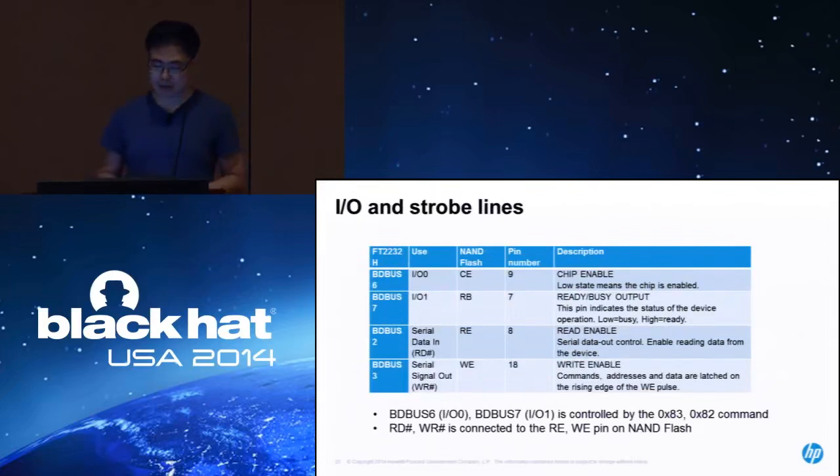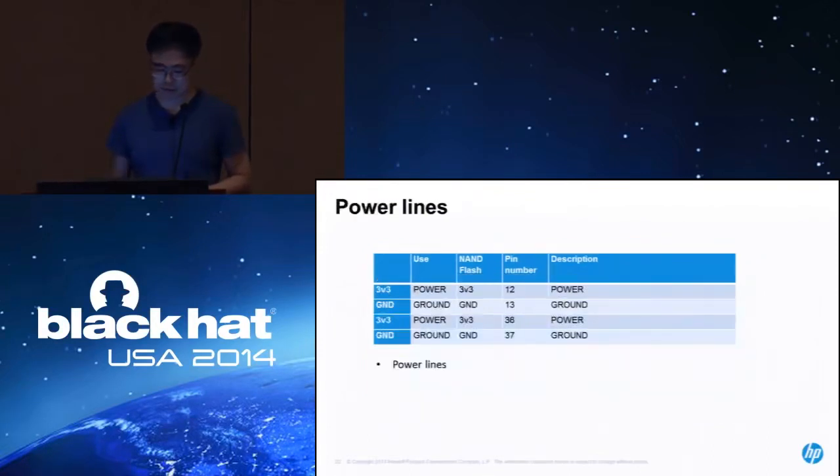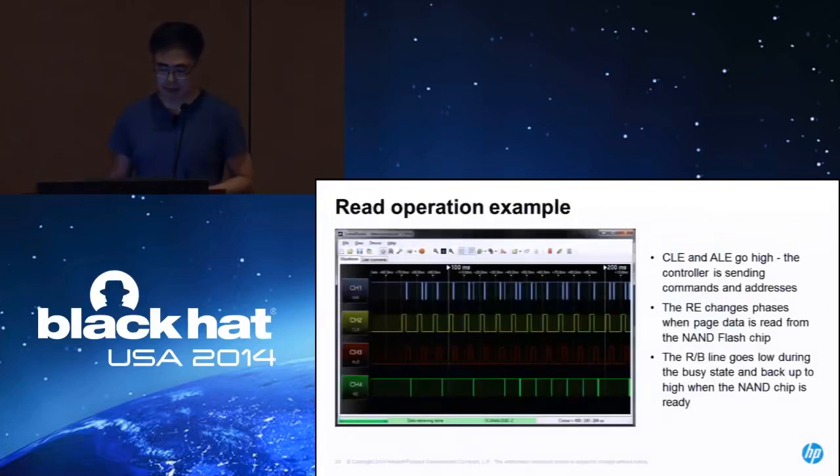And there are other pins like IO or strobe lines or control lines. They are just basic concepts from electronic engineering, I guess. And for power lines, there are 4 power lines you need to connect.